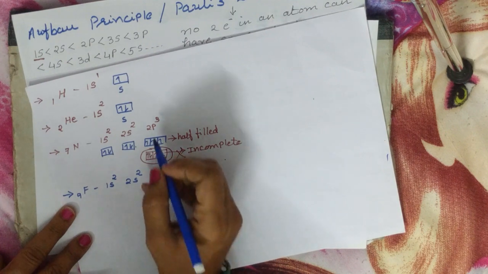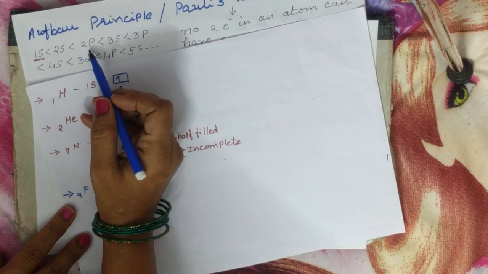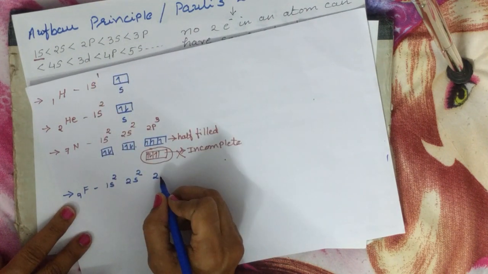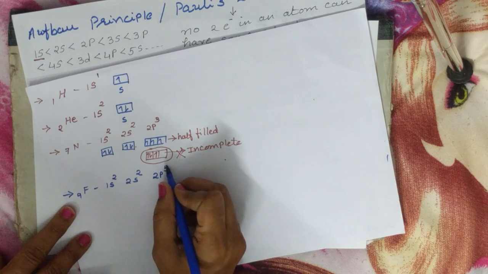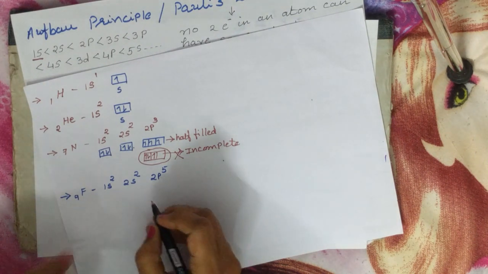In the p orbital, the maximum capacity is 6 electrons, so you can fill 5 electrons. This is shown like this.